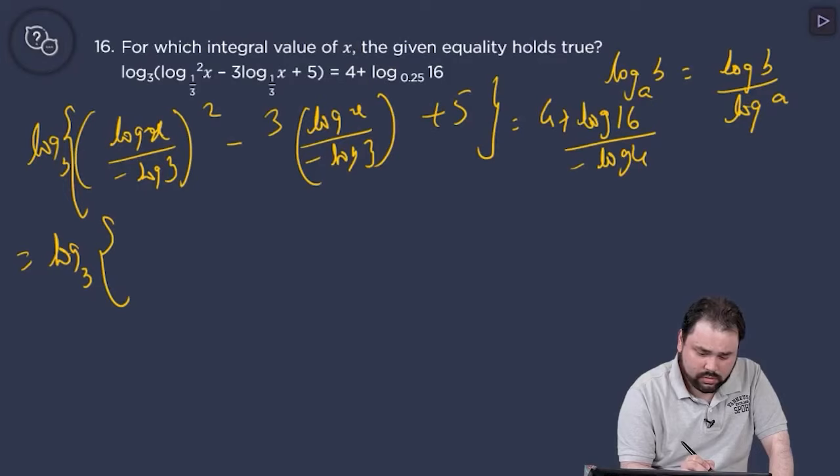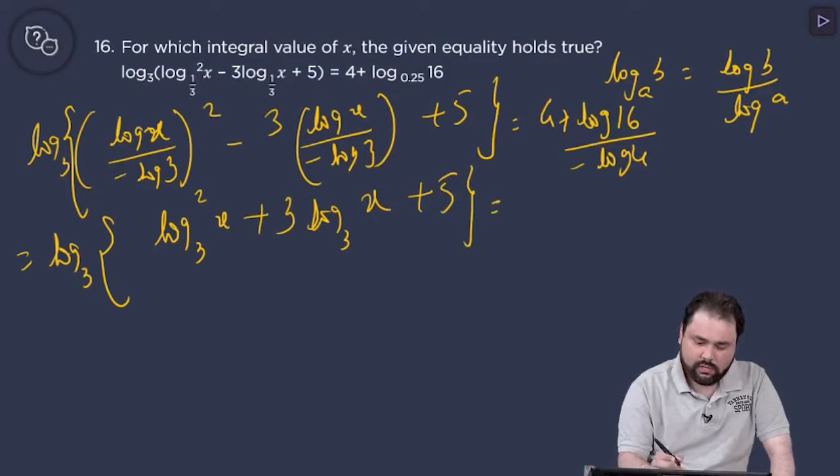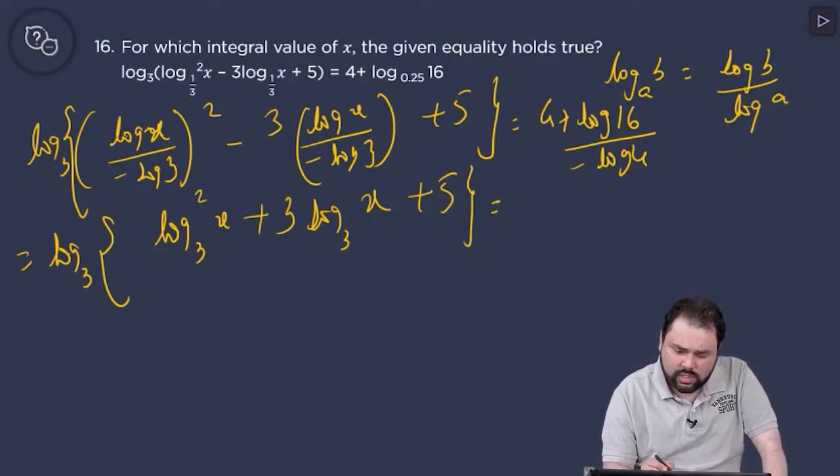Okay, that's fine. So that's log base 3 x, whole squared, plus log base 3 x plus 5 is equal to, so log 16 is log 4 squared, which is 2 log 4 minus this.